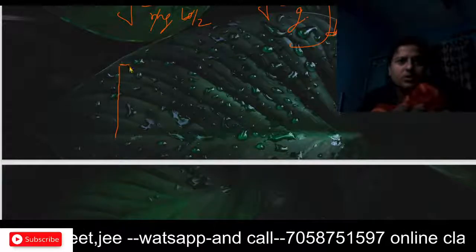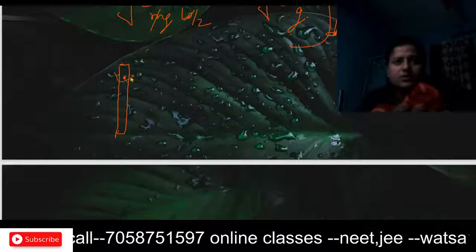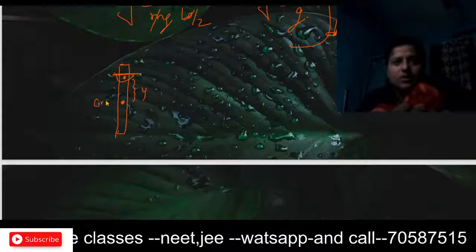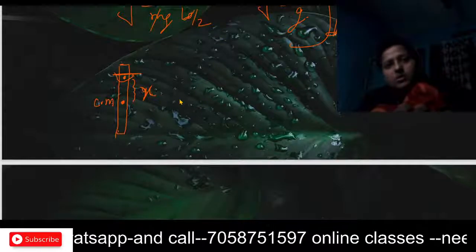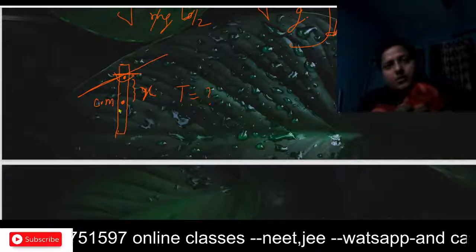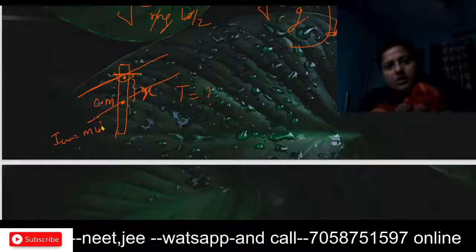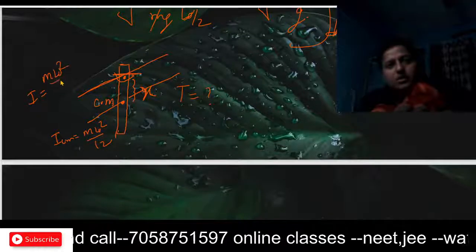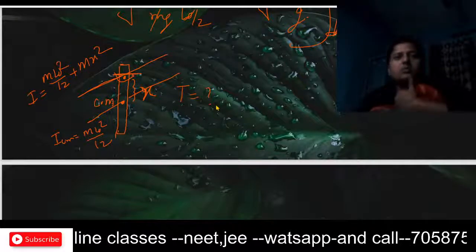Now suppose the rod is hinged at a point that is at a distance x from the center of mass. So what will be the time period? Moment of inertia about the center is ML square by 12. So what will be the moment of inertia here? Using the parallel axis theorem, moment of inertia is ML square by 12 plus Mx square.